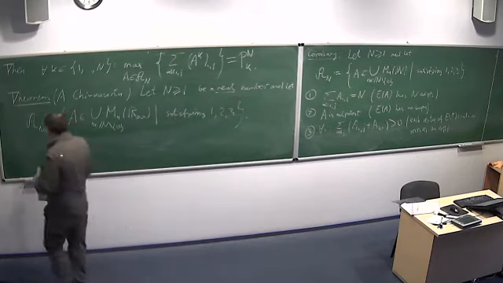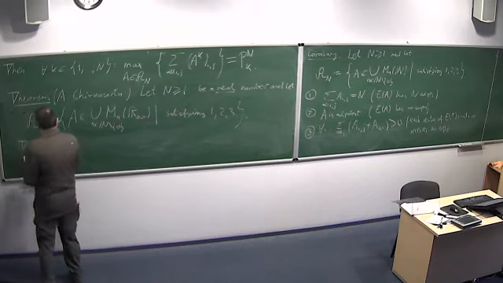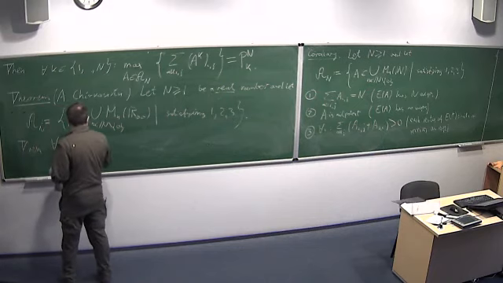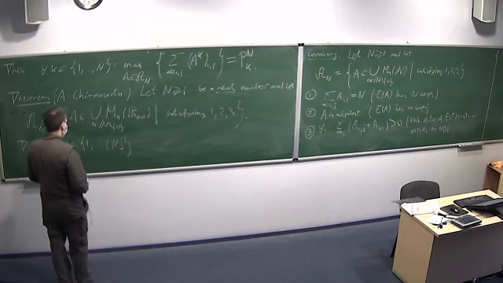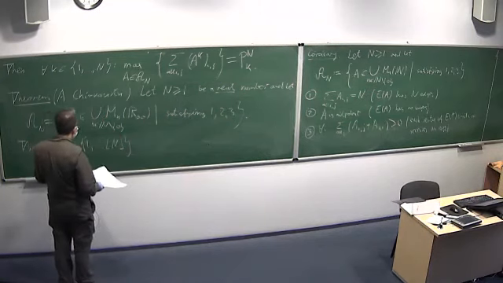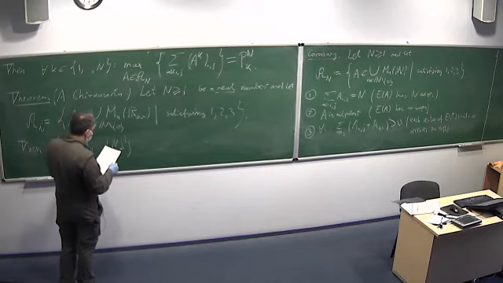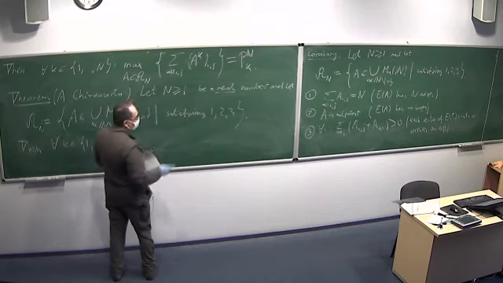And then for any k ranging from 1 to the maximal integer part of n, so k is a natural number. It's at least 1 and not more than the biggest integer that is inside n. And now this set an is really infinite.